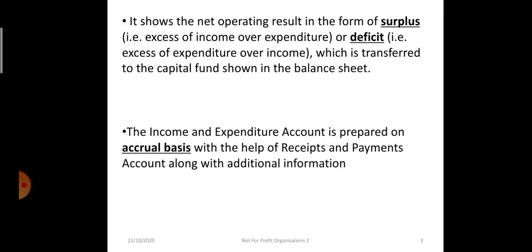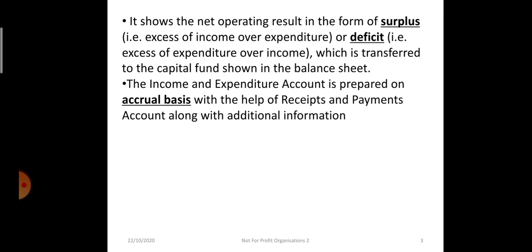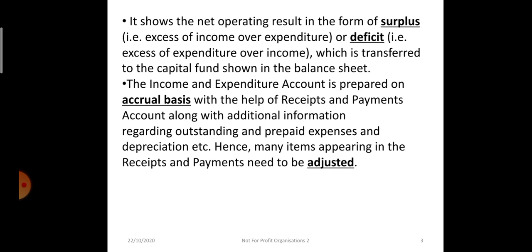Now this point is important. The income and expenditure account is prepared on accrual basis with the help of receipt and payment account. Like P&L account we prepare with the help of trial balance, here we will be preparing it with the help of receipt and payment account, and additional information given regarding outstanding expenses, prepaid expenses, depreciation will also be recorded.